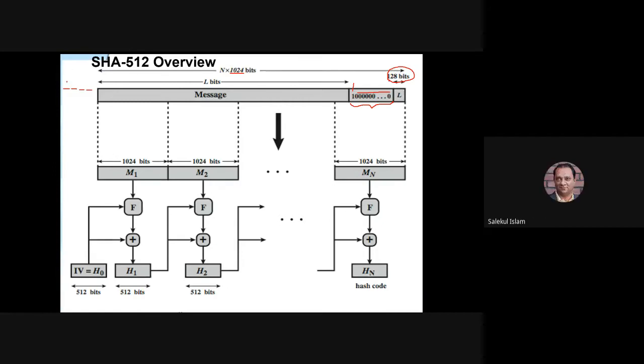Four 1s, and four 1s means 15. So if I give you only 4 bits to write some length, then the maximum allowable length will be 15, because you cannot write any value more than 15. So the maximum length I will allow for that message is 15. Am I clear now?